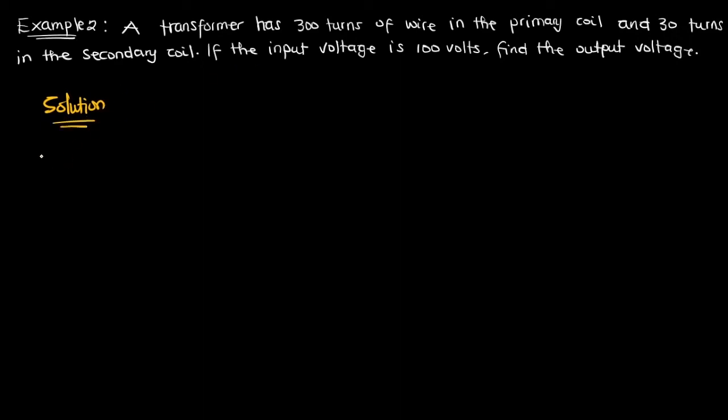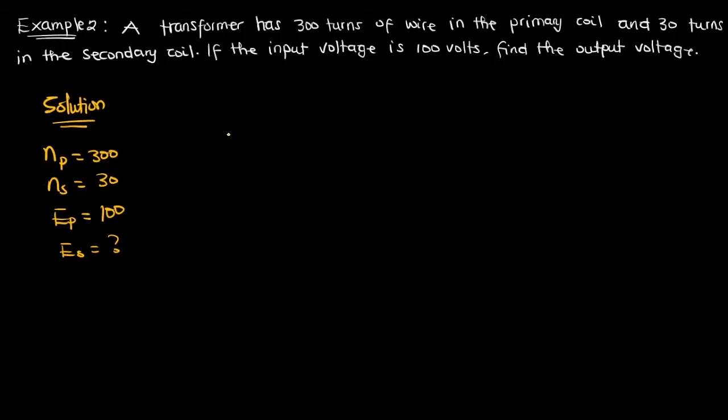The number of turns in the primary coil is 300, and it has 30 turns in the secondary, so NS is 30. The input voltage EP is 100 volts, and we have to find the output, or the secondary voltage. That is what we do not know.